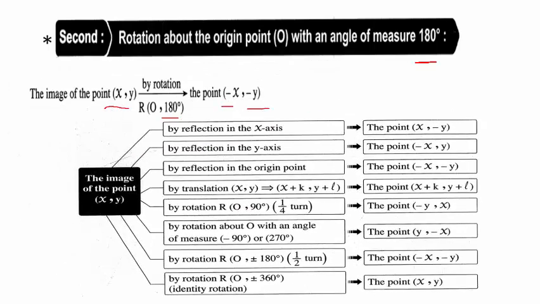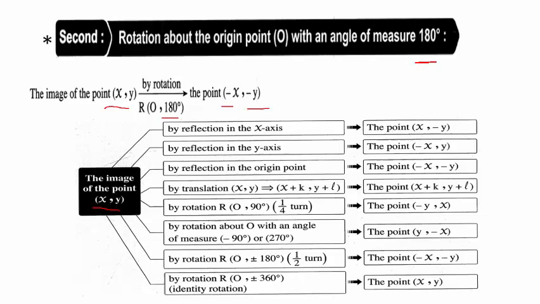This is the summary of the geometric transformations. The image of any point (x, y) under reflection in the x-axis will be (x, negative y).